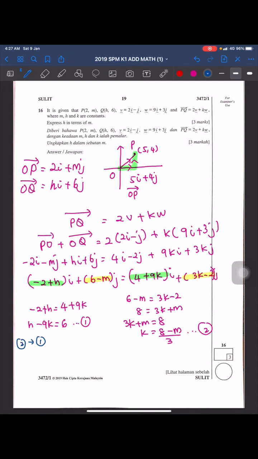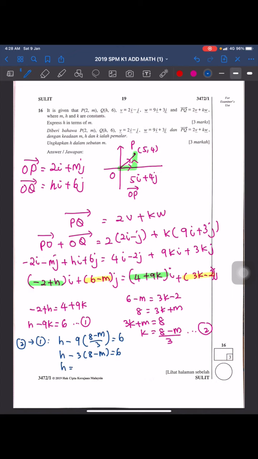So, kita akan ada h minus 9 times 8 minus m over 3 equals to 6. Kita permudahkan, h minus 3 times 8 minus m equals to 6.